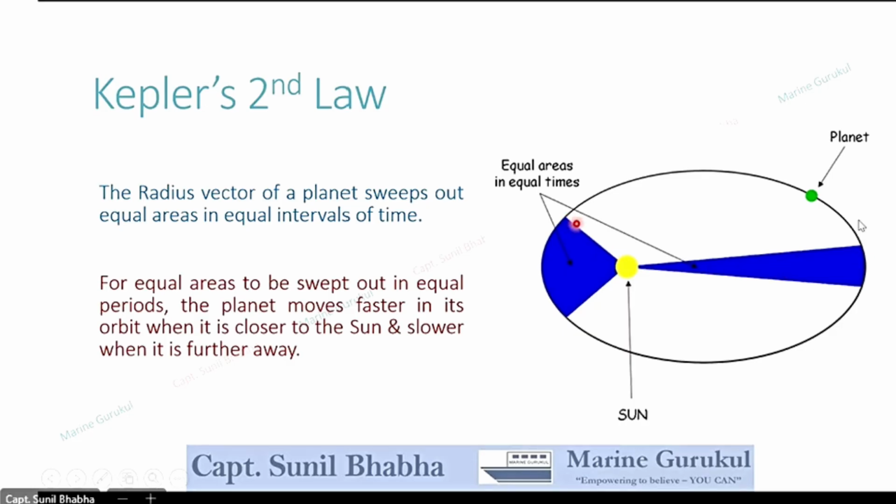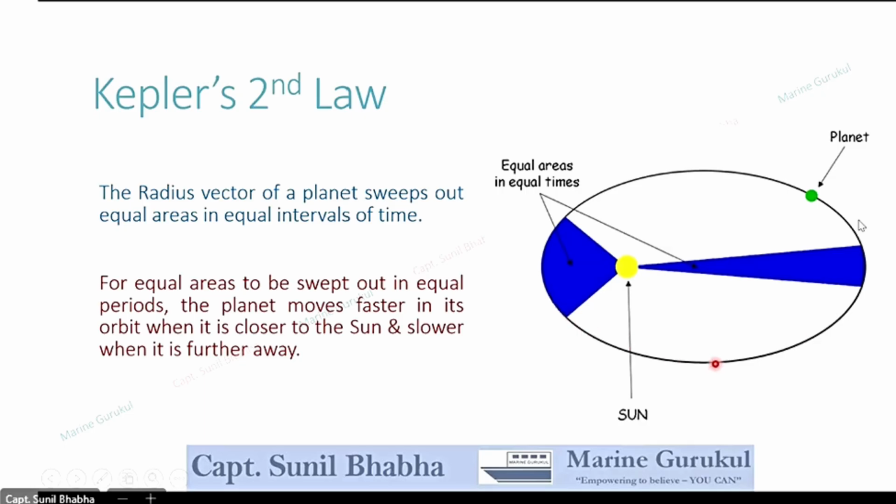So with the planet being much closer to the sun, the length of the radius vector is much smaller as compared to the previous case. With the radius vector being much smaller, if it has to sweep out equal area, it has to move at a much faster speed in its orbit.